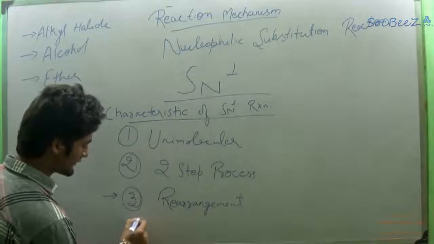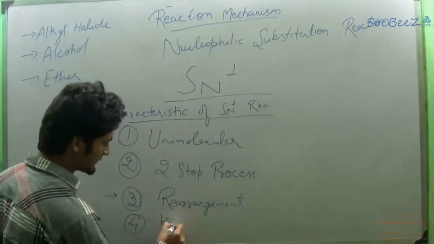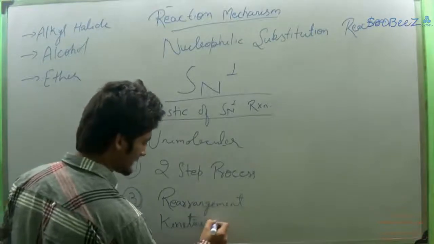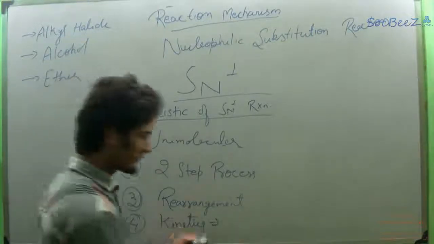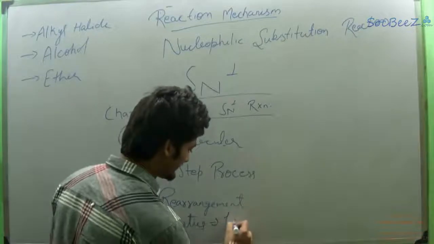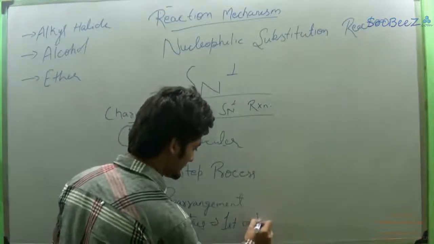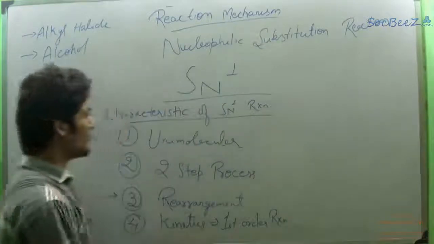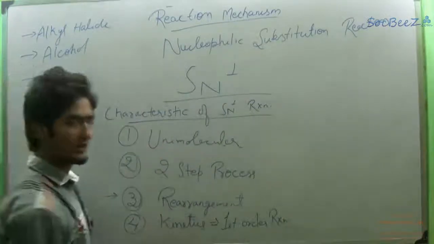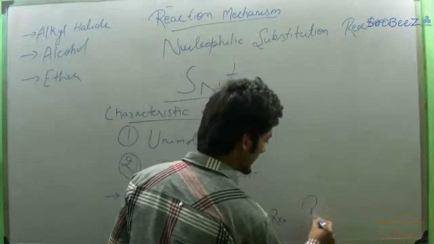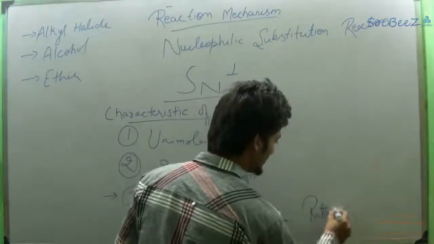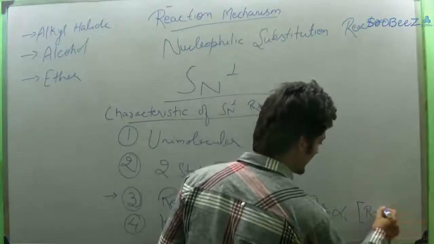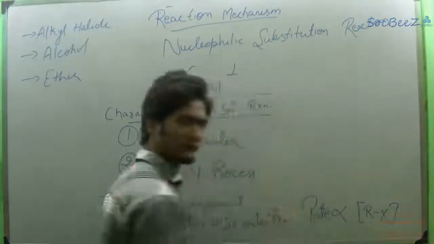And the fourth one is the kinetics of this reaction, which is, it's a first order reaction, and the rate depends only on the concentration of alkyl halide. That is, the rate of this reaction depends only on the concentration of alkyl halide, that is RX.